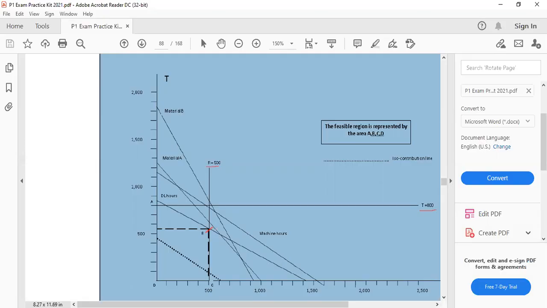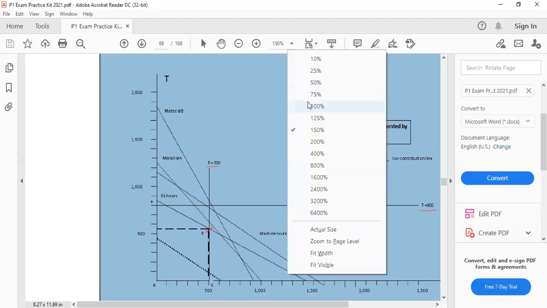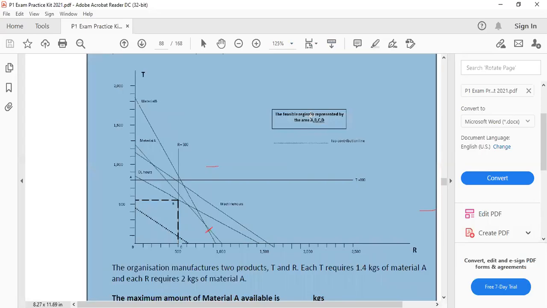So when that is not passing through the optimal point, how can they be parallel lines?